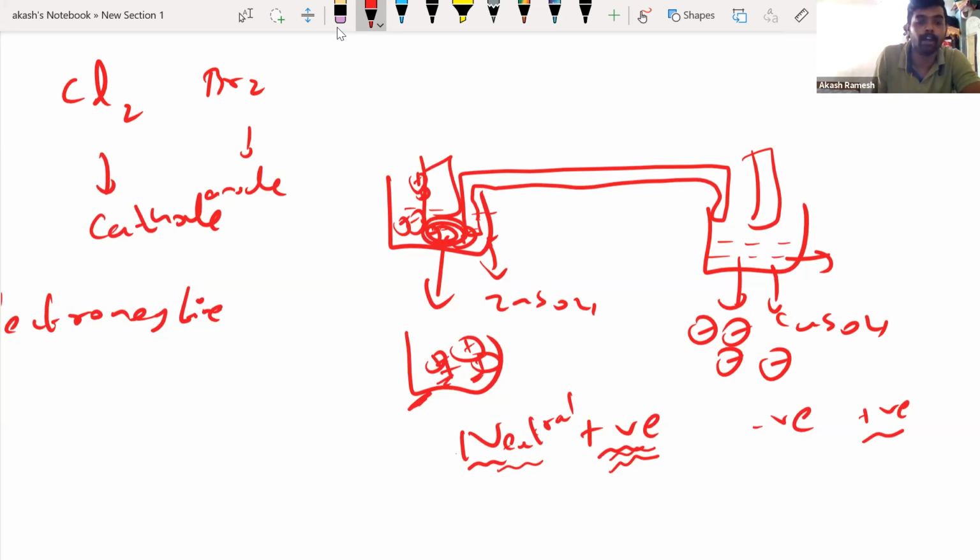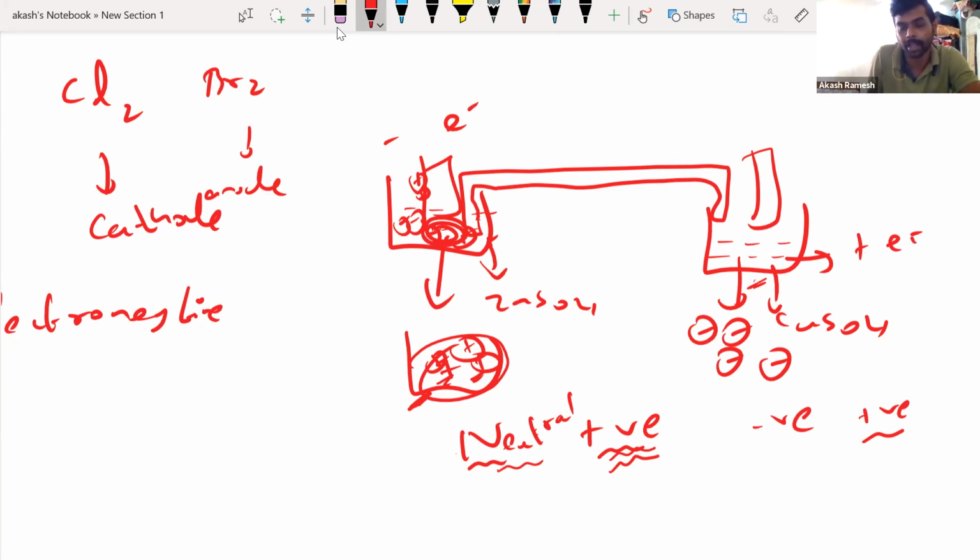From a positive species, it is more and more difficult to remove electron, and this solution is becoming negative, and to a negative thing, it is more and more difficult to add electron. This is addition of electron, and this is removal of electron.